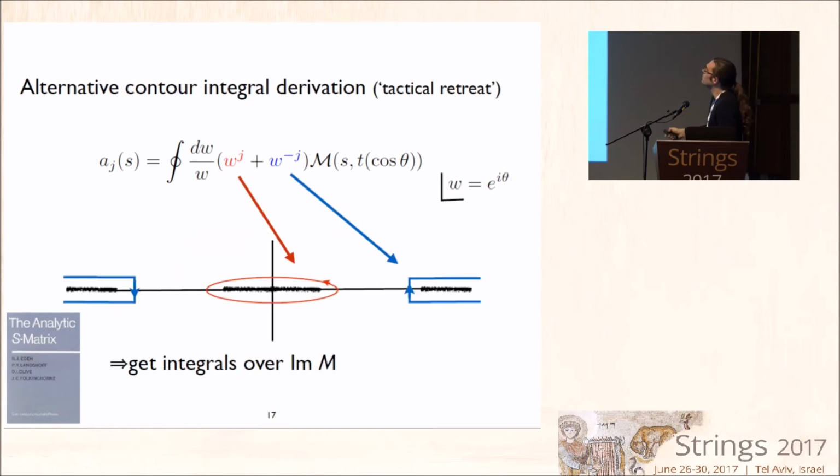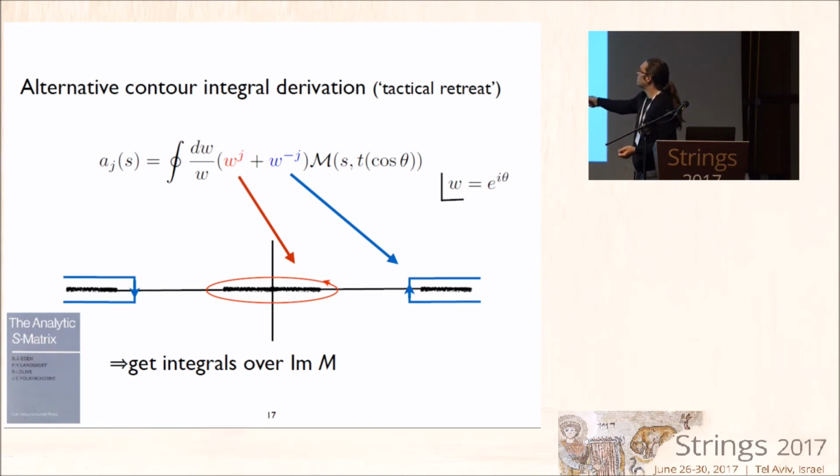There's a subtlety that's very important, that there are two terms here, and one term is this w^j here. If you think of j as positive, this term is small in the middle, so you want to close this contour to the origin, and the other you want to close out. In this variable, there's a symmetry between w and 1 over w, so these two things really give you the same thing, but to do the manipulation, you really have to separate the two terms.